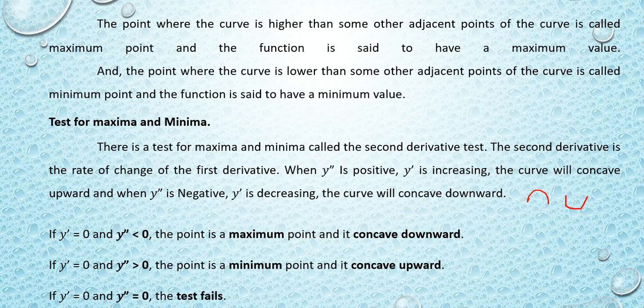If y prime is equal to 0 and y double prime is equal to 0, the test failed. When the test fails, we go back to the first derivative test that we encountered for finding the slope of the curve.